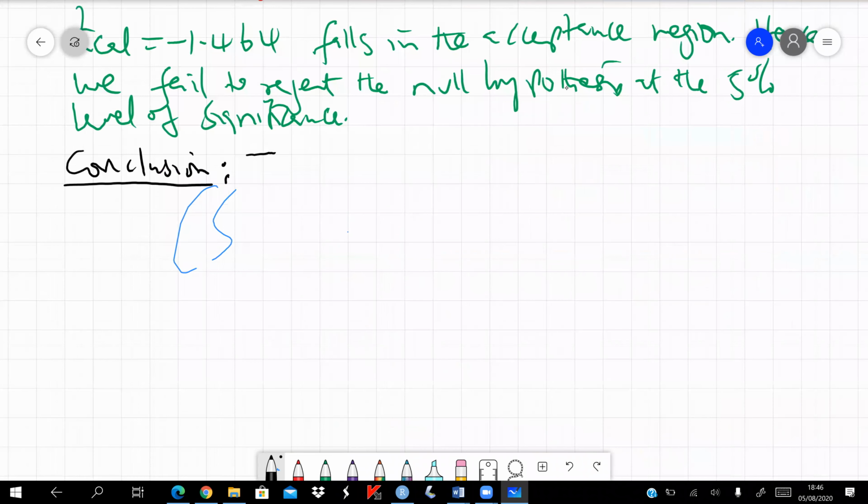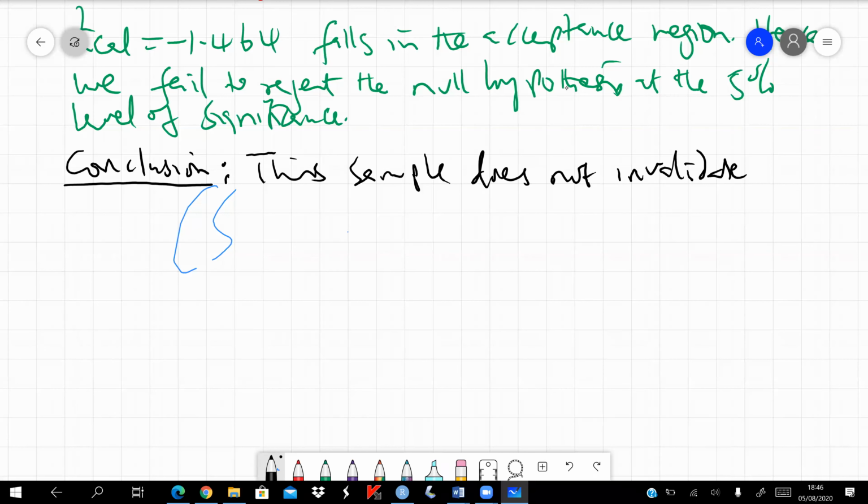So this sample does not invalidate the manufacturer's claim. So as far as the data we have is concerned, there's no evidence for us to reject the manufacturer's claim.